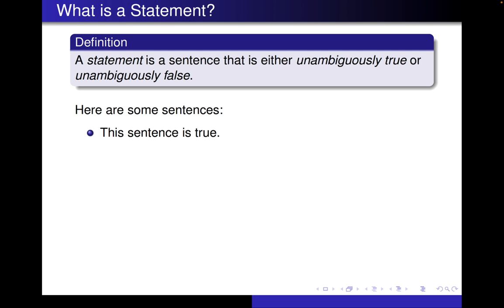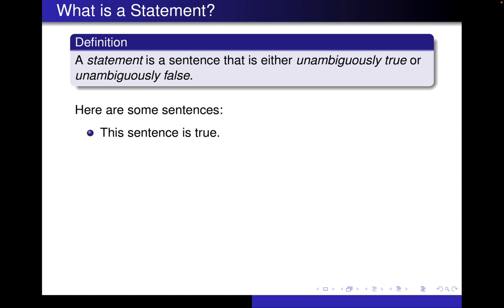So here are some weirdo type of sentences that turn out not to be statements for really strange reasons. So here is a sentence that is referring to itself. This sentence is true. And depending on whether you assume the sentence is true or the sentence is false, either way, it's consistent with what the sentence is saying. So for instance, if I assume the sentence to be true, when I say this sentence is true, that is true.